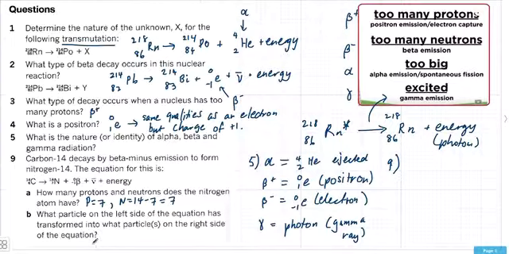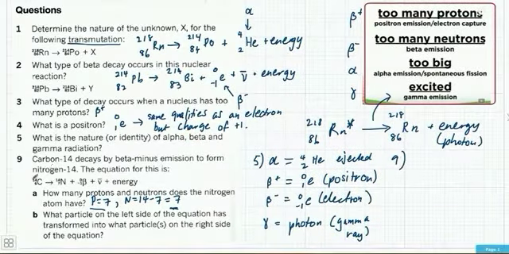What particle on the left side of the equation is transformed into what particles on the right? Because we know that we've got beta minus decay and we've got a neutrino, we know a little bit about what type of decay this is. On the left side of the equation, we've got carbon, which has a mass number of 14 and an atomic number of 6.